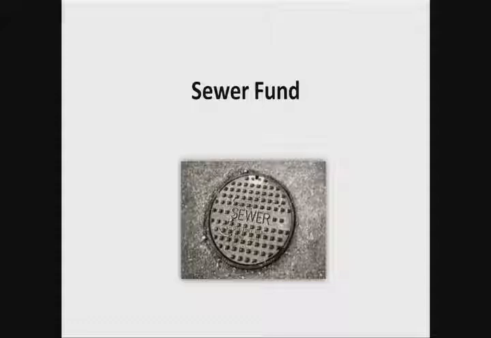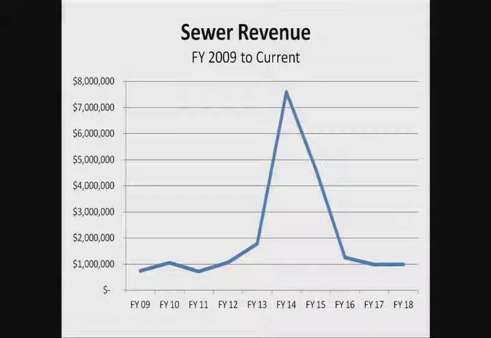So moving on to the sewer fund. On page 27, looking at the revenues. And here's a historic line graph of revenues within the sewer fund. You can see the big spike there, and I believe in fiscal year 14 where we got additional tap fees, and also this shows where the money had come in to build the wastewater treatment plant.